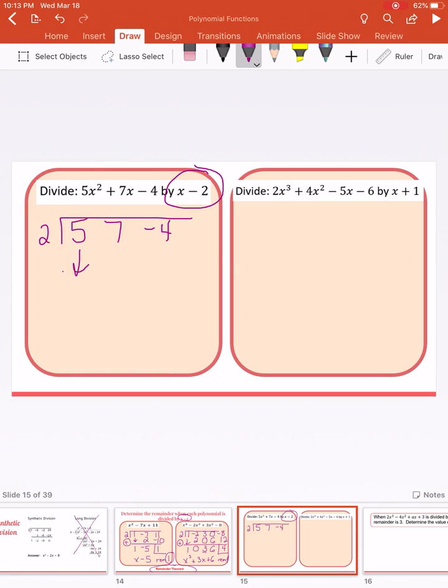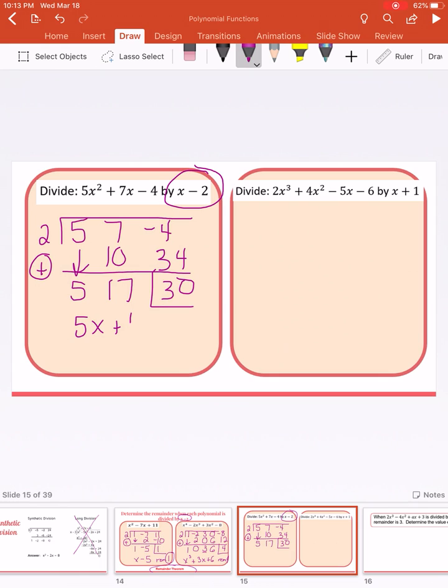I'll carry down that 5. 2 times 5 gives me 10. 7 plus 10 gives me 17. 2 times 17 gives me 34. And negative 4 plus 34 gives me a remainder of 30. So I end up with a quotient of 5x plus 17 with a remainder of 30.